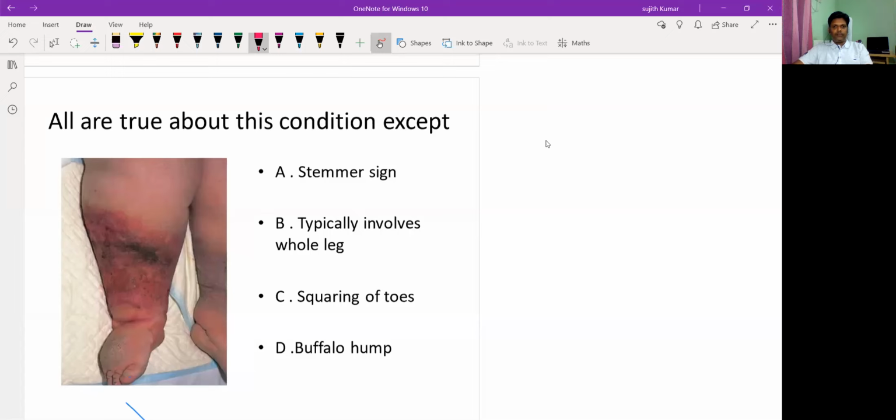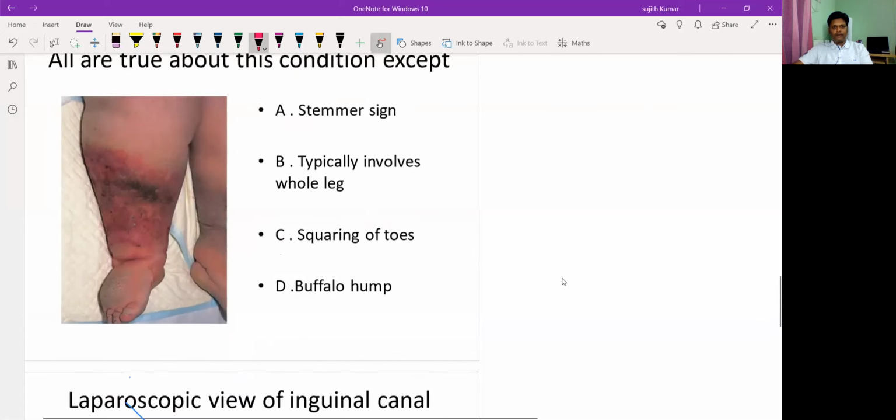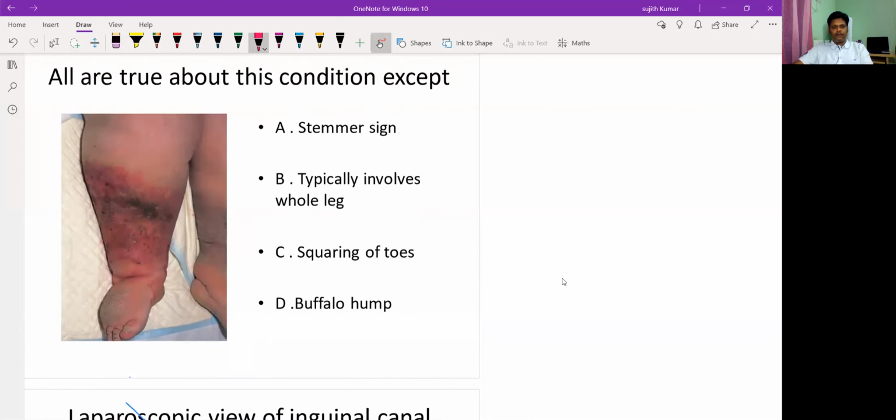So what is the answer? Nobody is responding. Okay, we'll go for the discussion. This condition is lymphedema. What you are seeing in this picture is lymphedema.